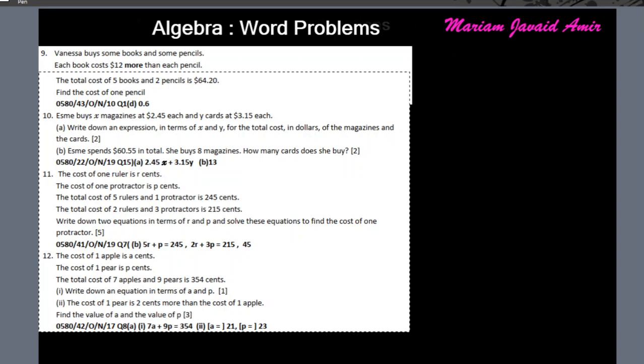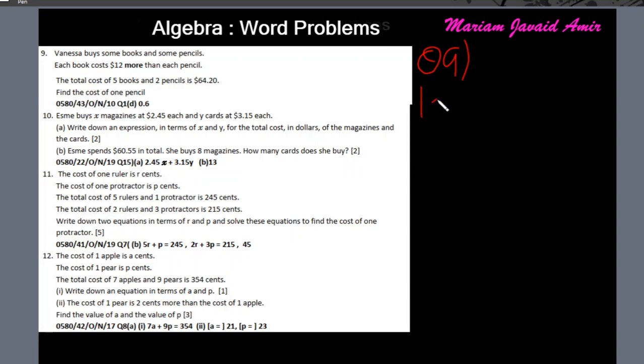Question number 9. Vanessa buys some books and some pencils. Each book costs 12 more than each pencil. The total cost of 5 books and 2 pencils is 64.2. Find the cost of one pencil.